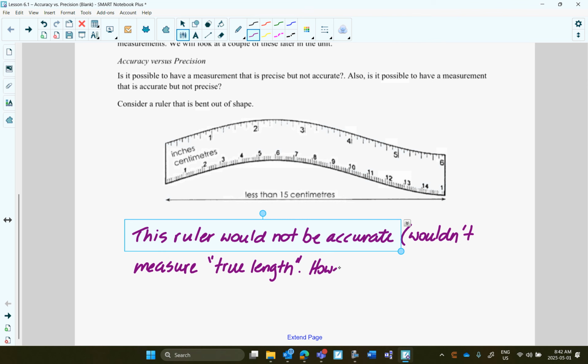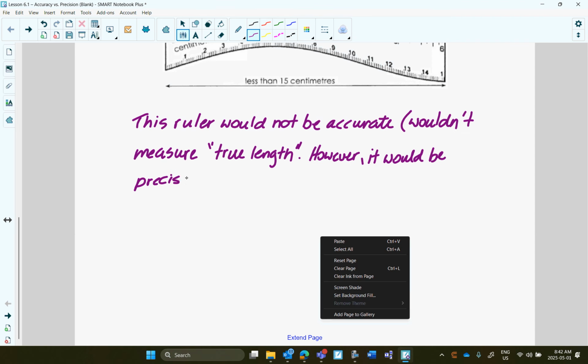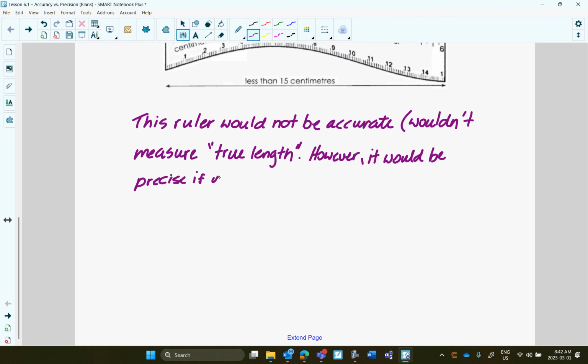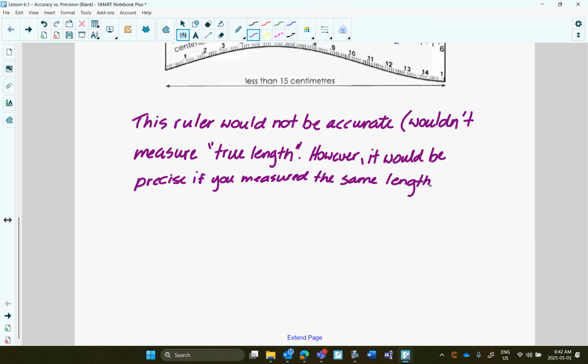However, it would be precise, or at least somewhat precise, if you measured the same length many times.